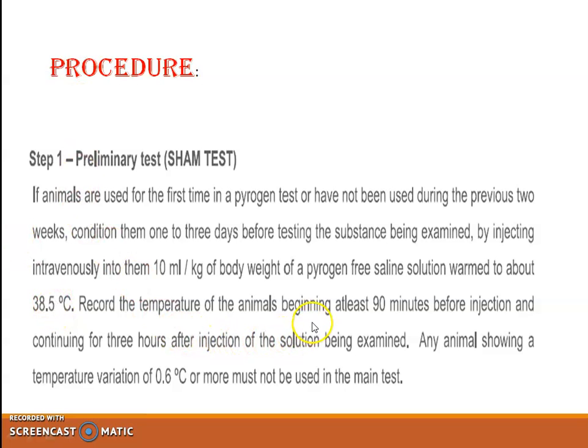Record the temperature of animals beginning at least 90 minutes before the injection and continuing for 3 hours after the injection of the solution being examined. Any animal showing a temperature variation of 0.6 degrees Celsius or more must not be used in the main test.